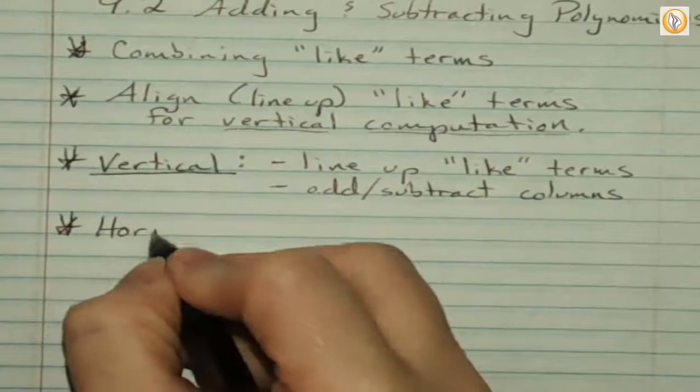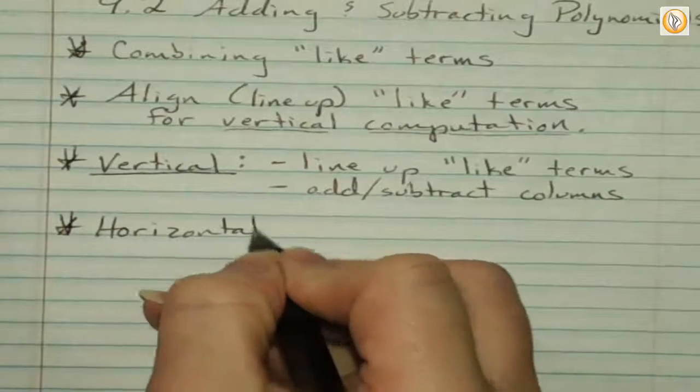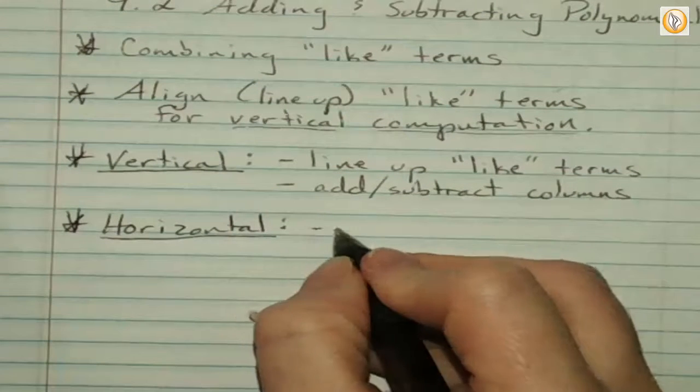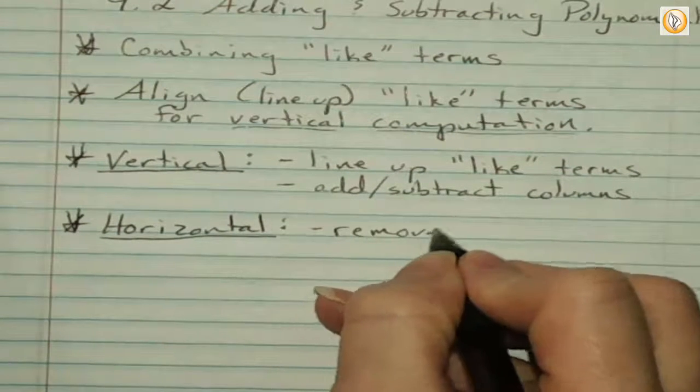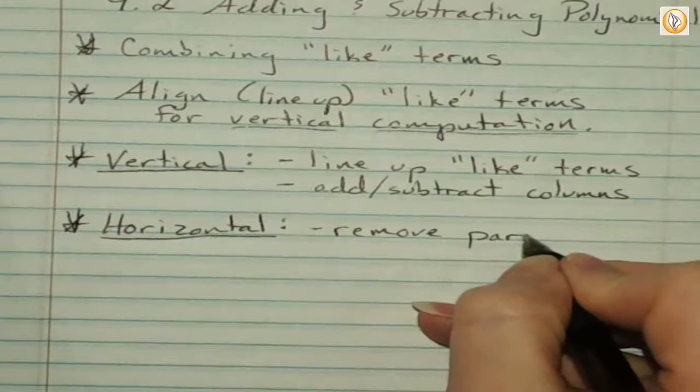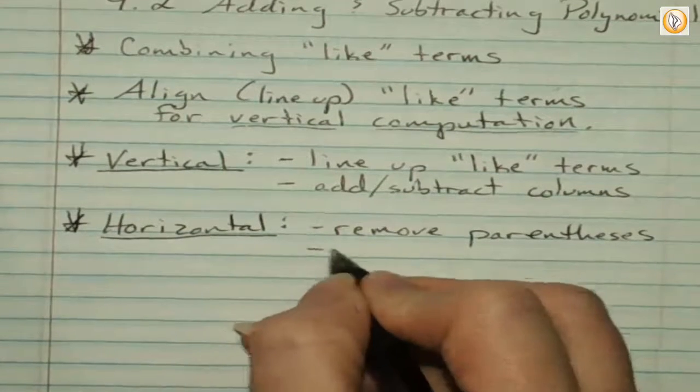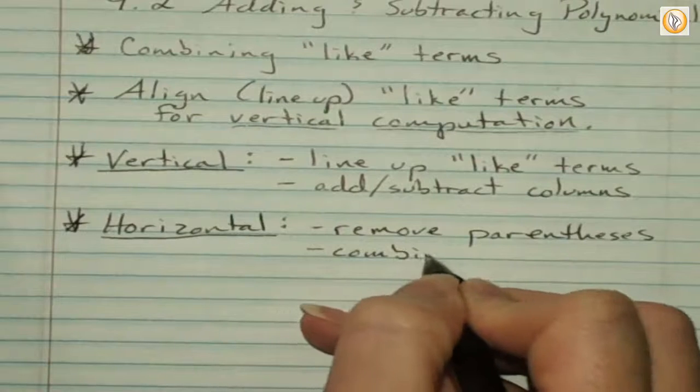The other way is horizontal. And that's kind of like what we've done before. All you're going to do is remove parentheses, and combine like terms.